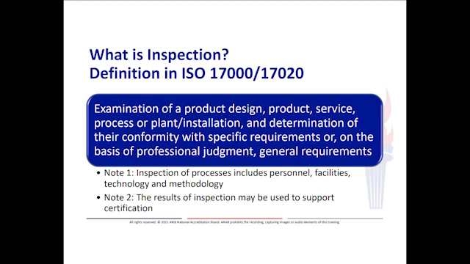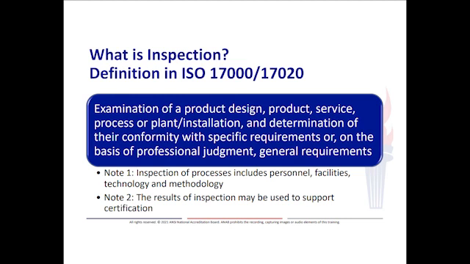It means that with inspection, you may be looking at test results provided by accredited laboratories. You may be looking at the process of how an item has been put together. You may be looking at how an item was assembled. And then you're applying professional judgment as to whether this has been done correctly or not. That's one of the best ways I can define it, is through the application of professional judgment.